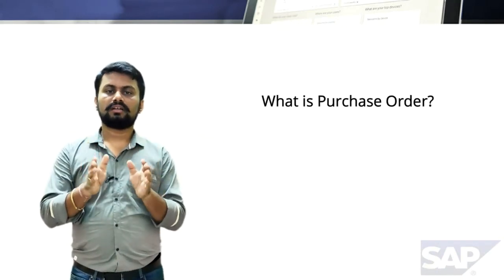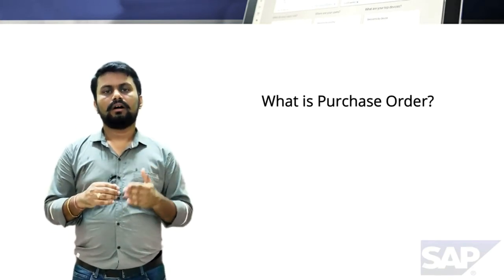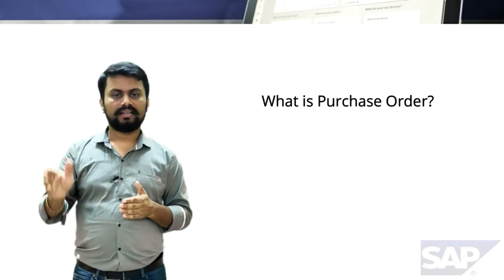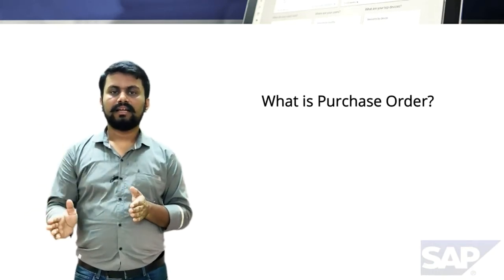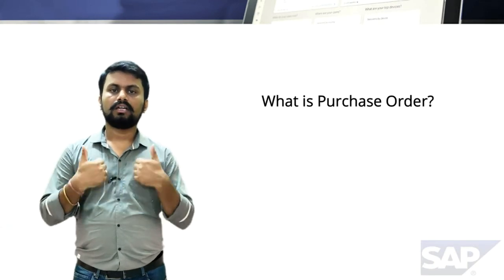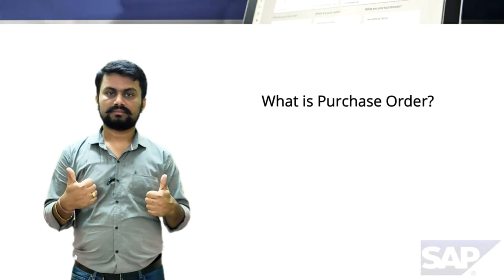Friends, a purchase order is a legal document which a buyer issues to the vendor or supplier, and once it is accepted by the supplier, it becomes a legal document or a contract between both parties.